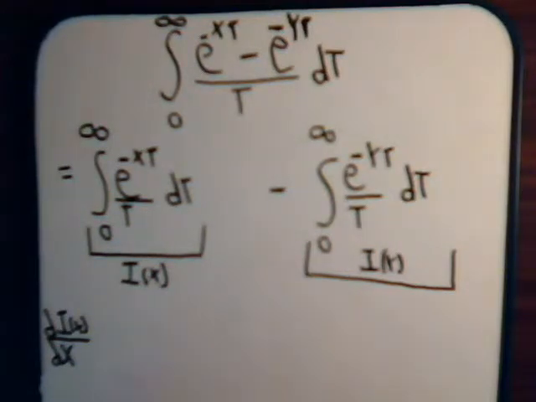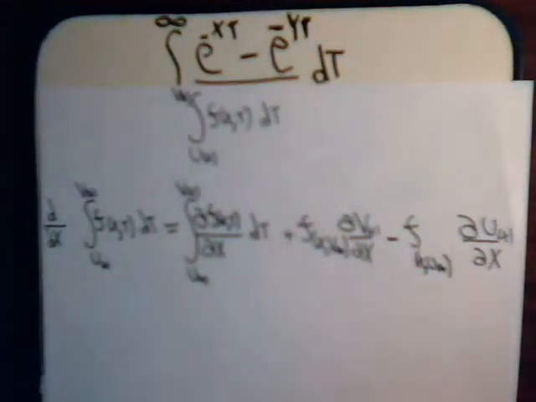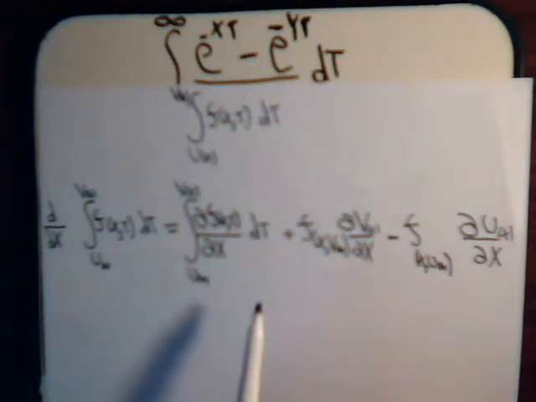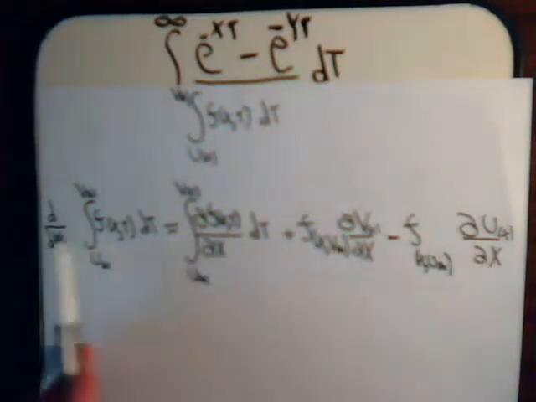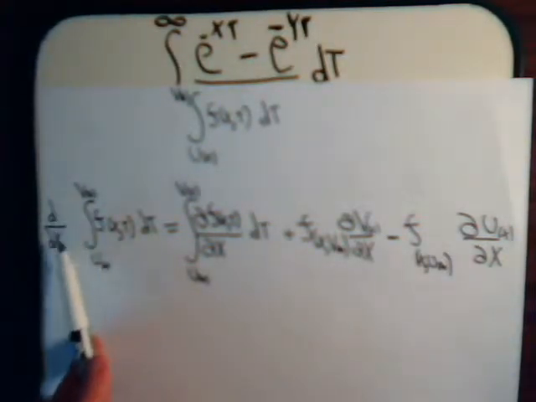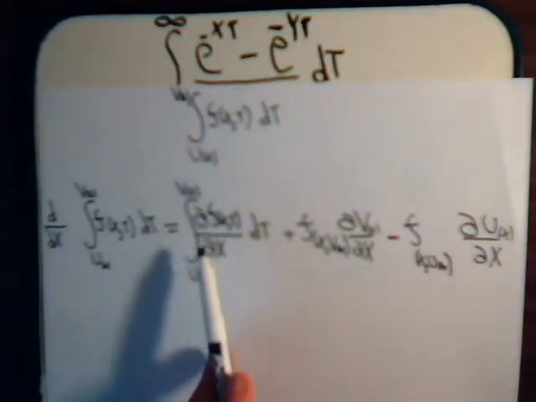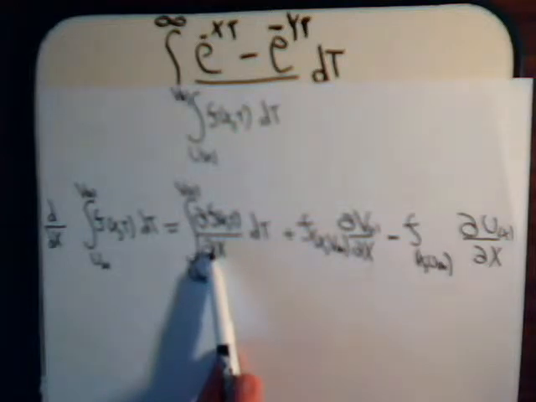the first thing we do is take the differentiation process inside of the integral. That's this step right here. Hopefully everyone is familiar with this after we went through and developed this entire formula. So here, we're taking the derivative of an integral with respect to x. Now we just take the differentiation process inside of the integral.